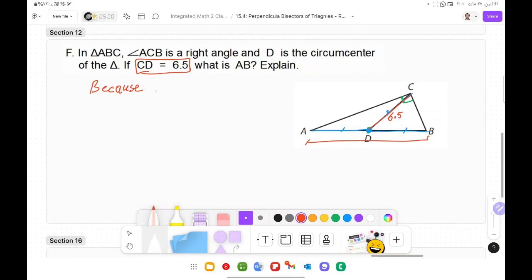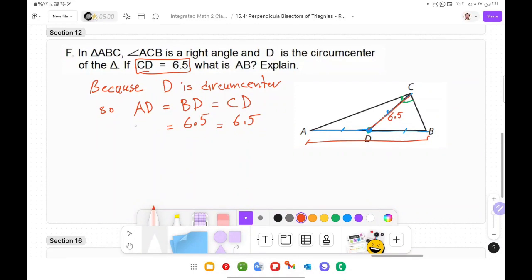Because D is the circumcenter, we can say that AD is equal to BD, which is equal to CD. So all of them are equal. If CD is equal to 6.5, then for sure BD should equal 6.5, and also AD should be 6.5.